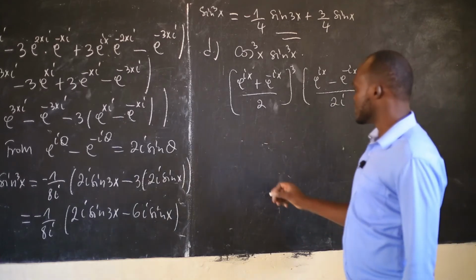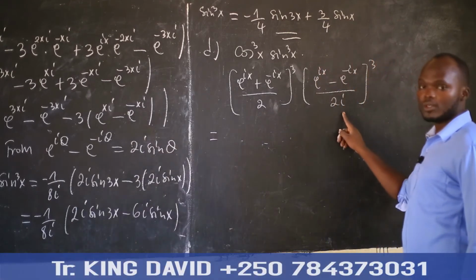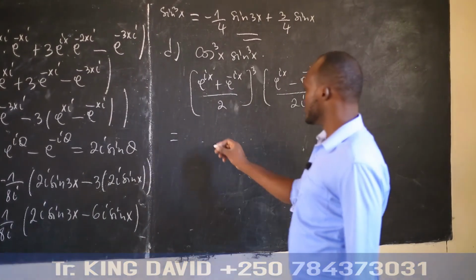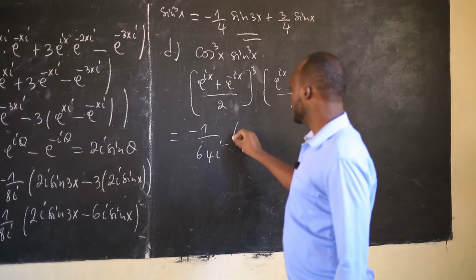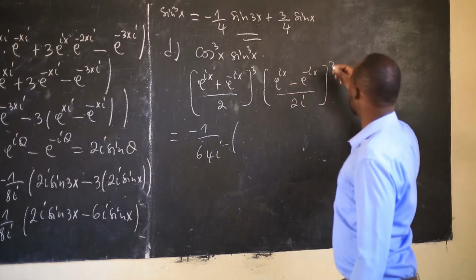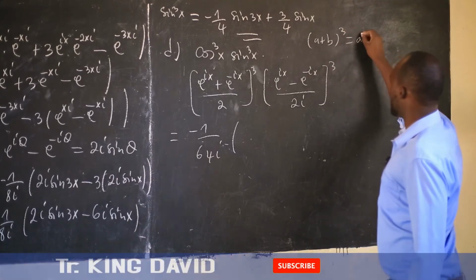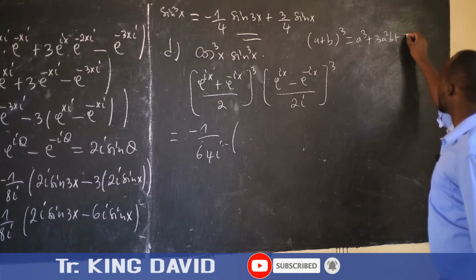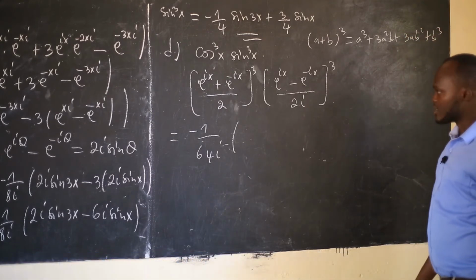So now 2 to the power 3 is 8, (2i)^3 is negative 8i, so it will be negative 1 over 64i into bracket. We know that (a + b)^3 is a^3 + 3a^2 b + 3a b^2 + b^3. So that's what we're going to use here.